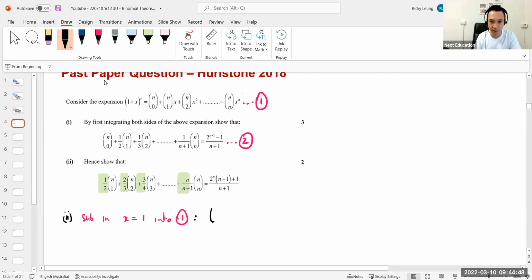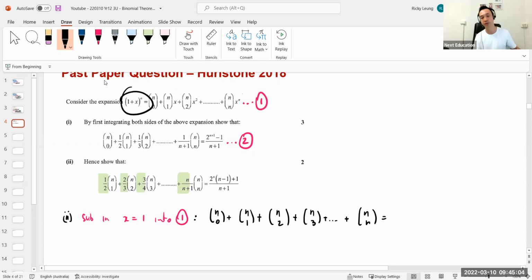So okay, n0 plus n1 plus n2 plus n3. I want n3 to sort of showcase the calculation. If you sub x equals 1 into the right hand side, 1 plus 1. Yep, let's call this number 3.